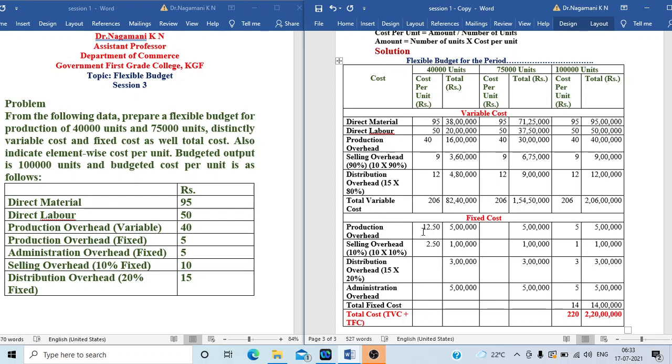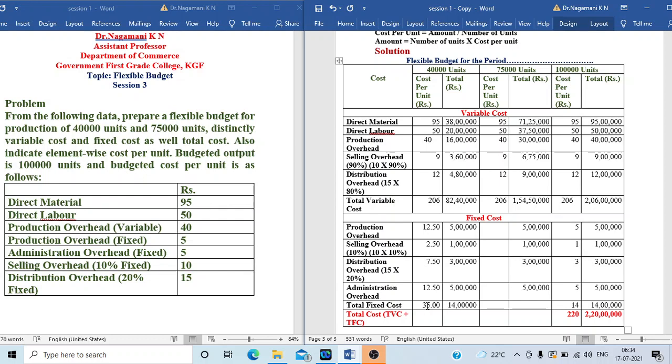Then distribution overhead 3 lakh divided by 40,000, 7.50. Then administration overhead 5 lakh divided by 40,000 is 12.50. Then total fixed cost per unit is 35. Then total fixed cost for 40,000 units is 14 lakhs.